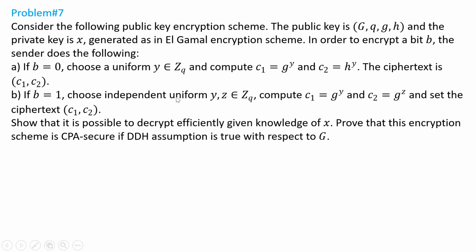But that will happen with negligible probability, because if the value of q is sufficiently large, then choosing some particular element xy from all the available q elements of the set G has probability 1 by q, which is negligible provided q is very large. So with very small probability there is some decryption error, but efficient decryption is possible with significantly high success probability.